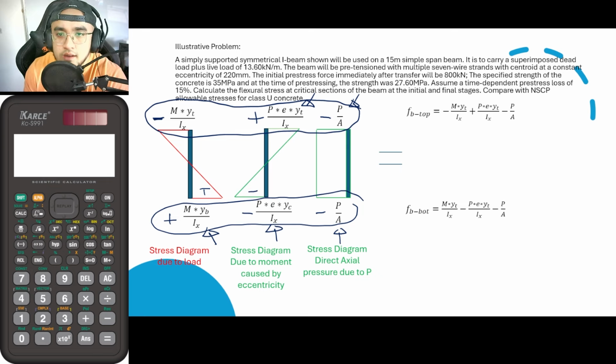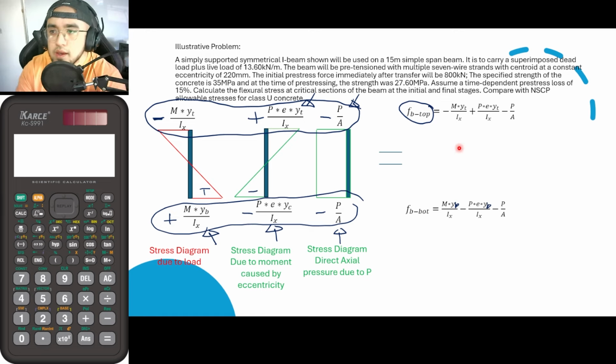So proceeding, the total stress at the top is negative M times YT over IX plus PE times YT divided by IX minus P all over A. Oops, sorry, this should be YB. If we would now be collecting these ones at the bottom, this is now our FB at the bottom part.